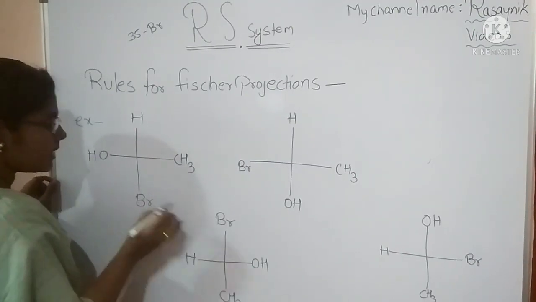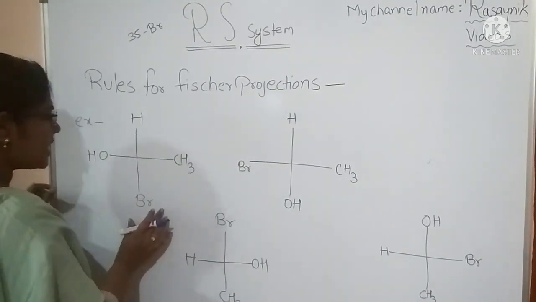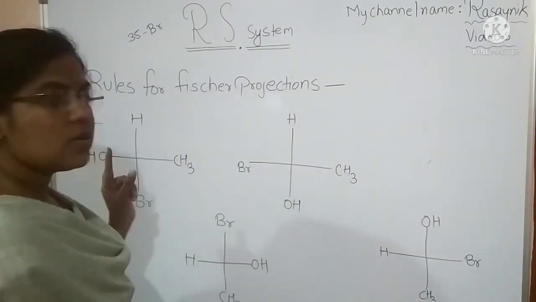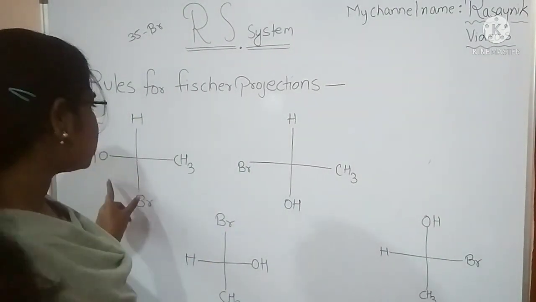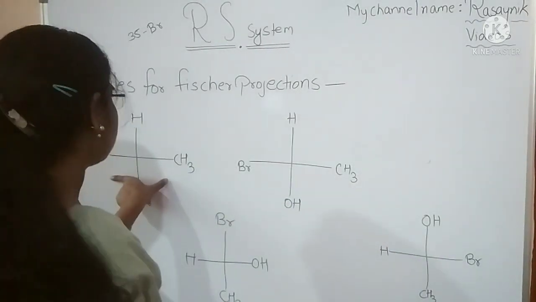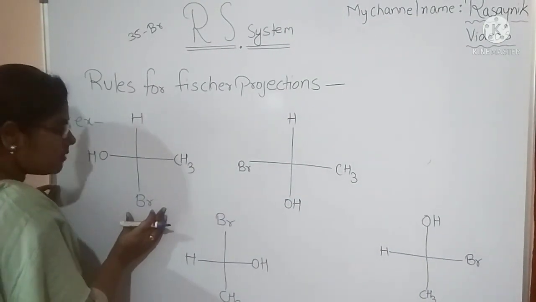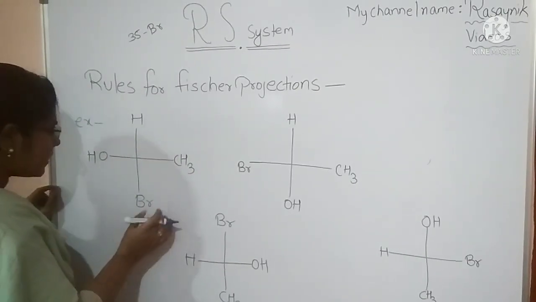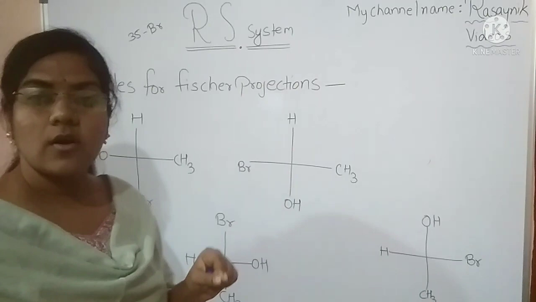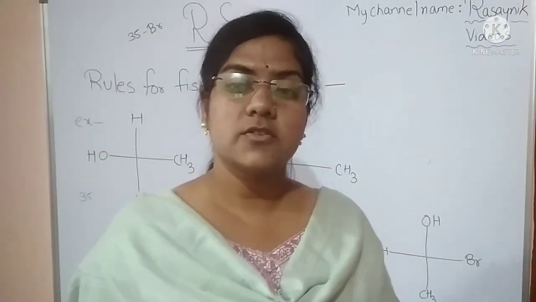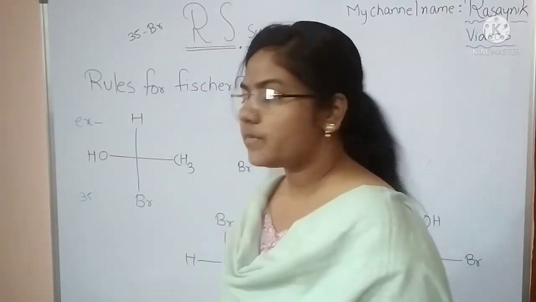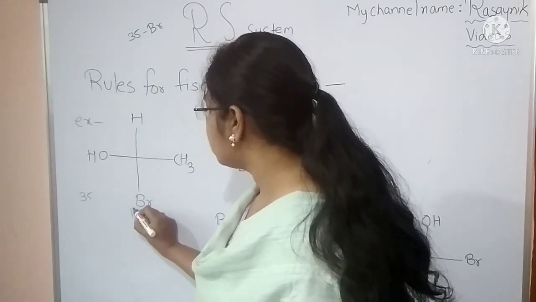The name is Br, right? Br, CH3, H and OH. These are the 4 groups in this molecule in the Fischer projection. So now in Br, what is the atomic number of Br? That is 35. That is the highest atomic number. So here first priority is given to bromine.